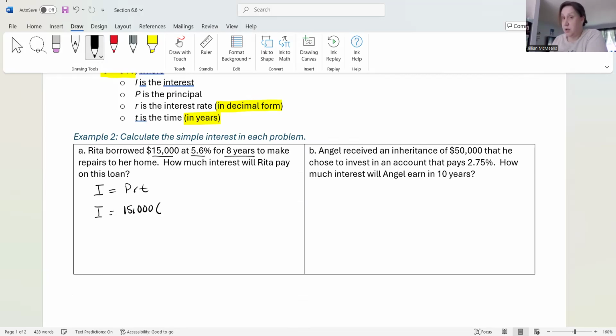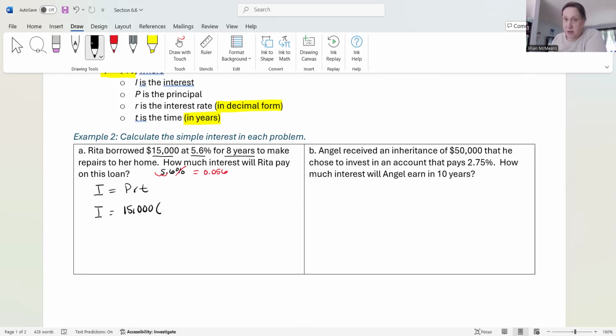We need to know her interest rate, but the interest rate must be input into this formula in decimal form. So if we have 5.6% interest, remember to write that as a decimal. We drop the percent symbol and then move the decimal to the left twice.